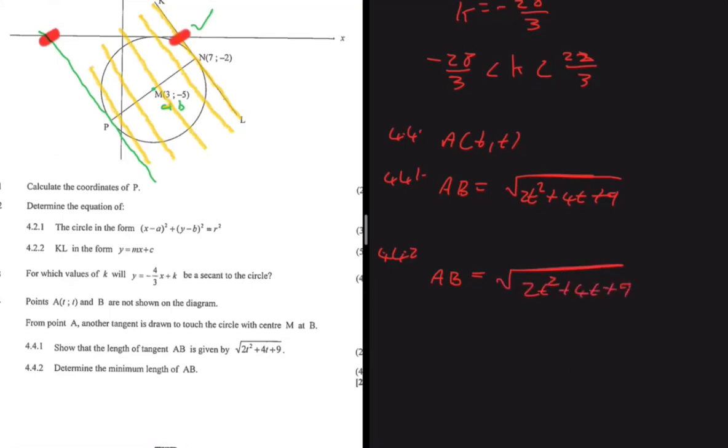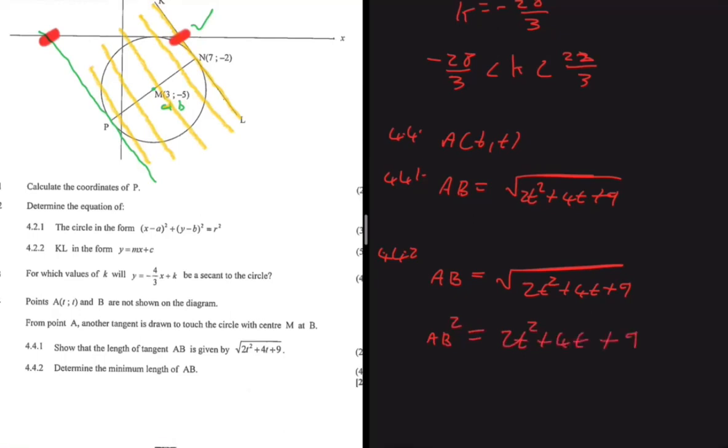Because we have a square root here, and I don't like dealing with square roots, I'm going to square both sides so that I can easily digest the problem. So I will have AB squared being equal to 2t squared plus 4t plus 9.